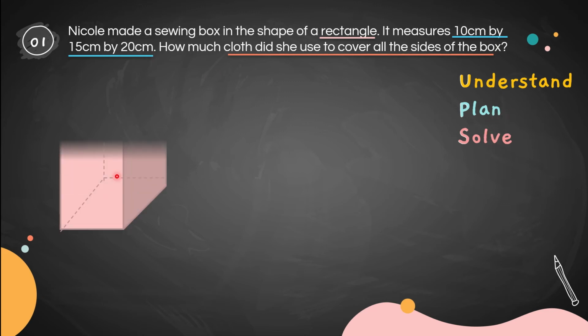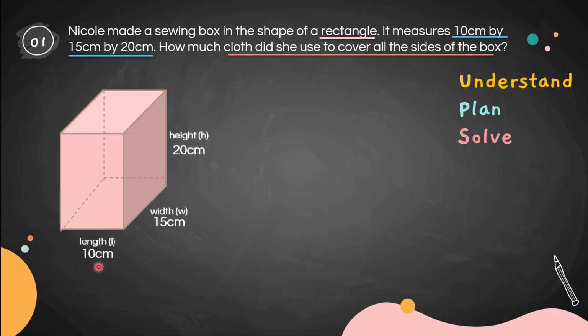So if it measures 10 centimeters, that would be our length, and 15 centimeters would be our width, and our height is now 20 centimeters. To find the cloth used by Nicole to cover all the sides of the box, we are going to find the surface area.